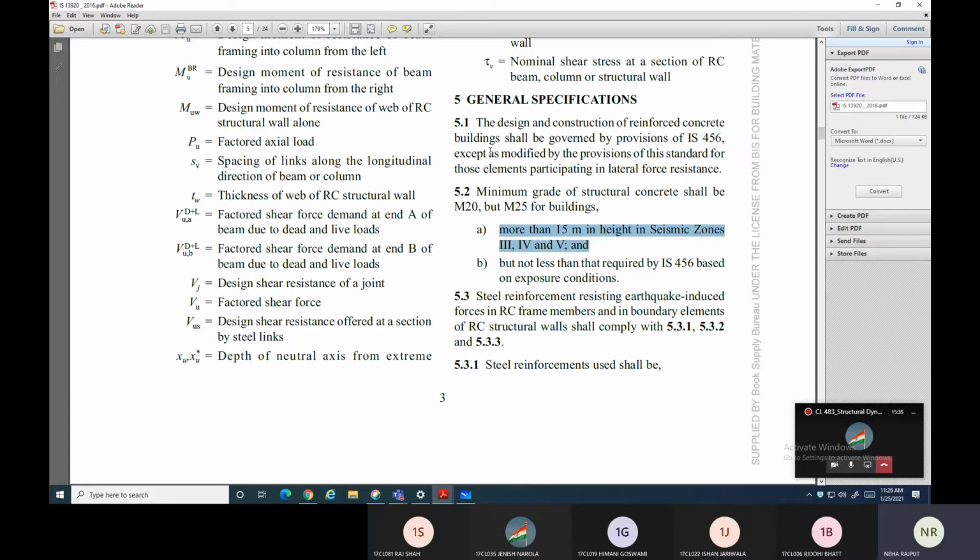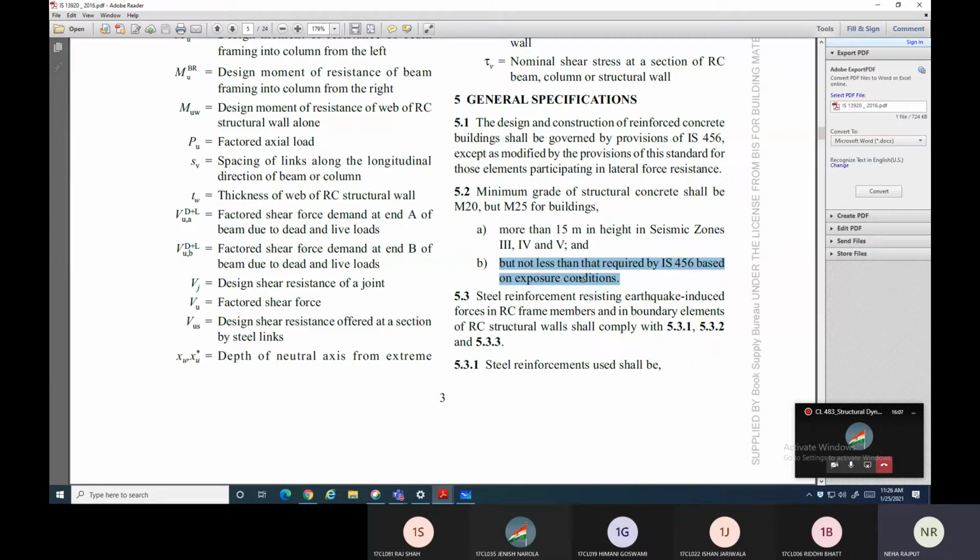As we discussed in the last session also, what is seismic zone and how the seismic zone is divided in India, that is zone 2, 3, 4, 5. Then if you are dealing with any building which is in zone 3, 4, 5 and having height more than 15 meter, then for the structural member the minimum grade of concrete should be M25, but not less than that required by IS 456 based on exposure condition.